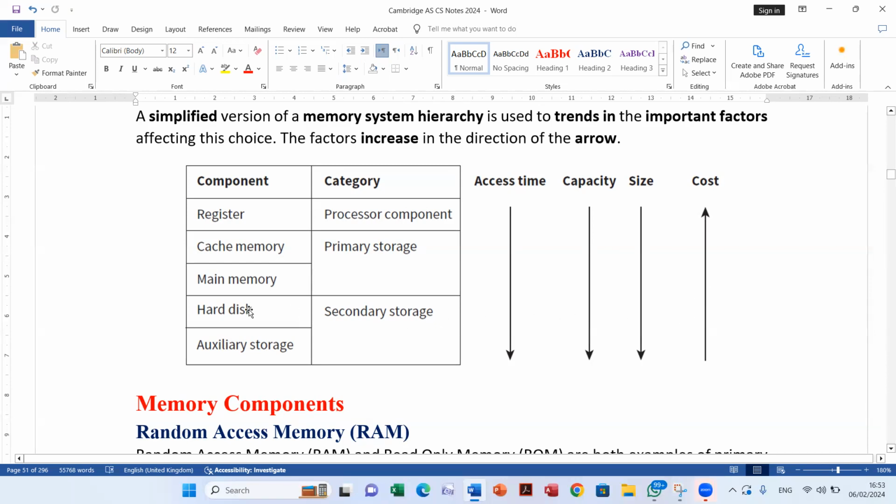And then the hard disk is much slower than the RAM. However, its capacity and size is much bigger and the cost is much lower. This is the hard disk and it is considered secondary storage that is not directly accessed by the CPU. The last thing, auxiliary storage, means removable devices. For example, a CD is removable.